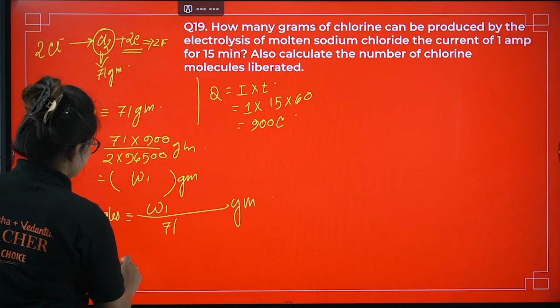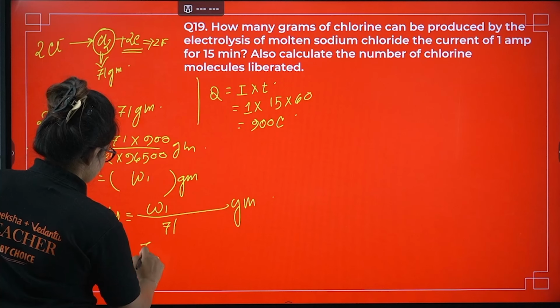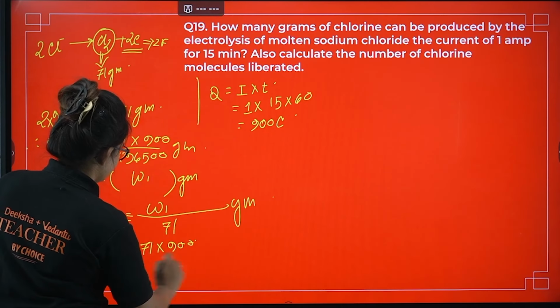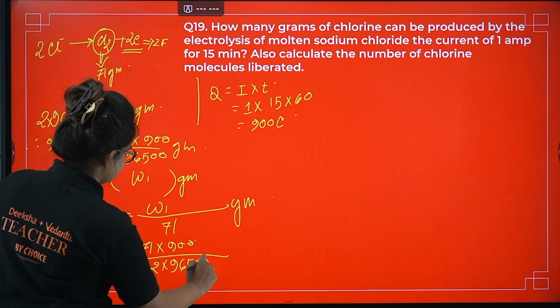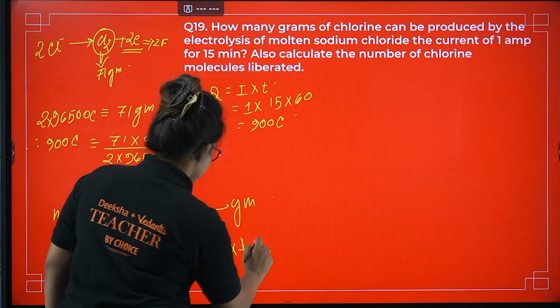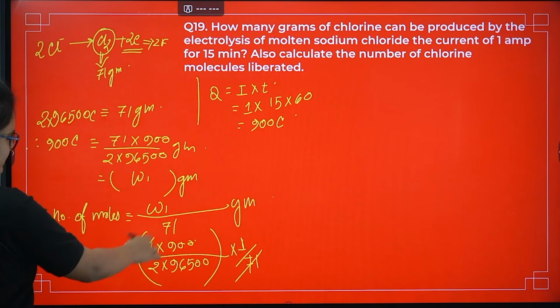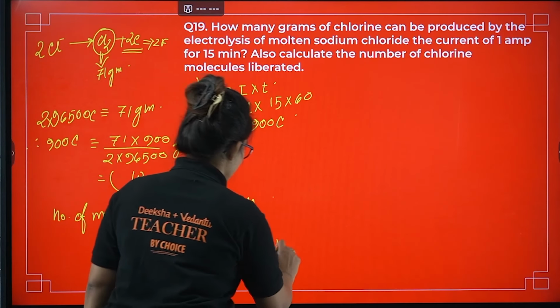So if I write it as it is, W1 gram is 71 into 900 divided by 2 into 96500, into 1 by 71. So 71 will be cancelled out. 900 by 2 into 96500, that's it. That is the number of moles you will get.